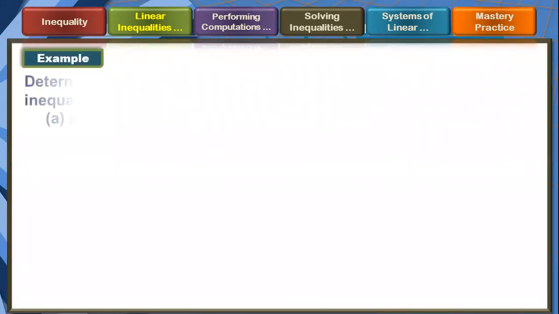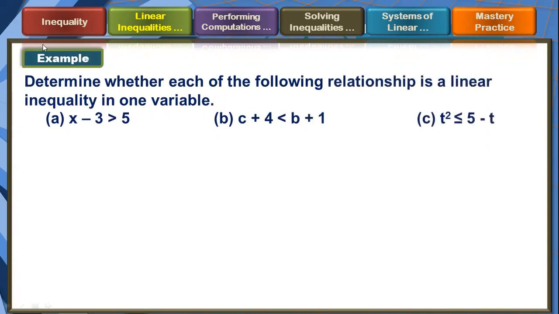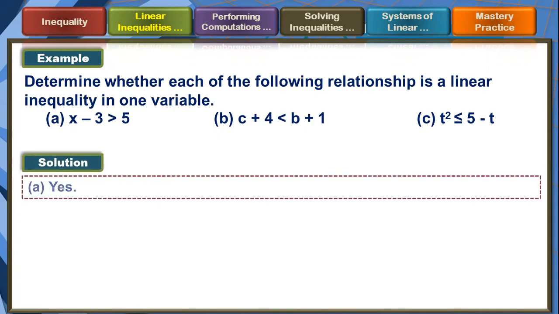So let's learn some examples. For example, you were asked, determine whether each of the following relationships is a linear inequality in one variable. So you have to remember, look for the exponent and count the number of variables. So remember this one variable. So the answers: for A, yes, it is, because it has one variable and at the same time the exponent is 1.